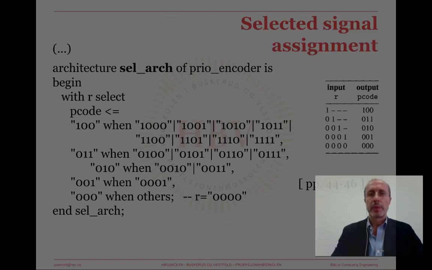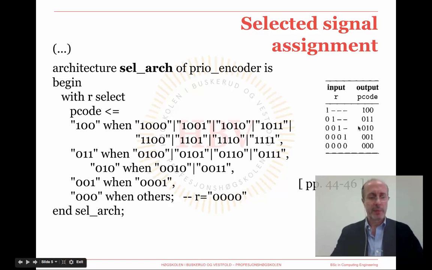You should notice also that exactly the same function can also be implemented using the other concurrent statement called the selected signal assignment, and this is what is shown in this slide. The syntax is of course different, but the end result will be the same from the functional point of view.